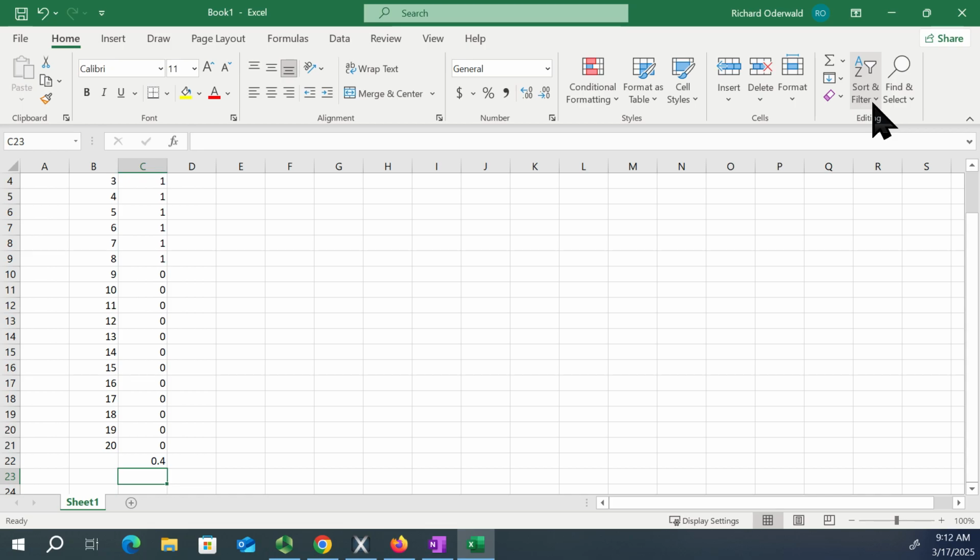If we did 8 divided by 20, we'd get 0.4. So having a 0 and 1 makes every calculation easier. It doesn't change the basic formulas. They're exactly the same, except what you see is different.